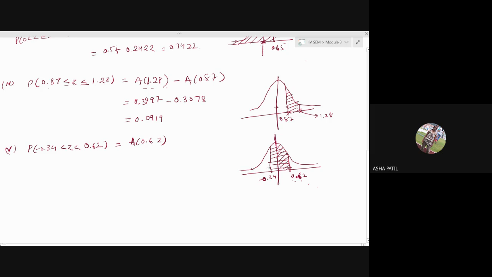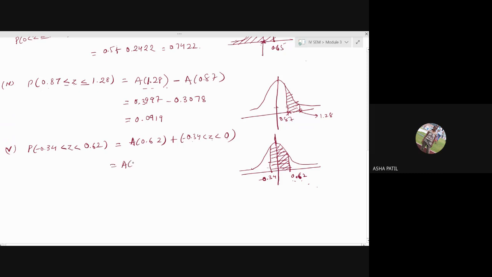Now we want further this, that is from 0 up to minus 0.34. Since it is the area, whether it is to the right side or to the left side, area will be same. It is this area we want, z lying between minus 0.34 to 0.